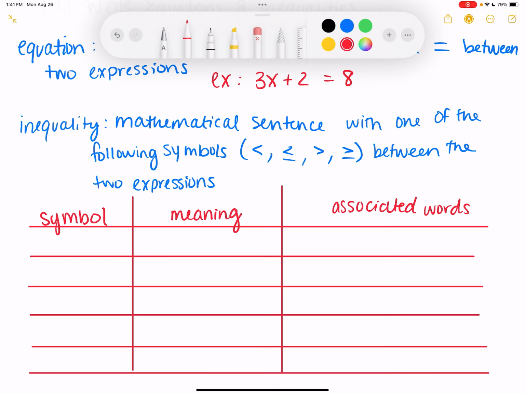All right, so the first one is going to be the equal sign, and that just means is equal to. Associated words in terms of being able to write sentences about it, you would see the words the same as one of the options.